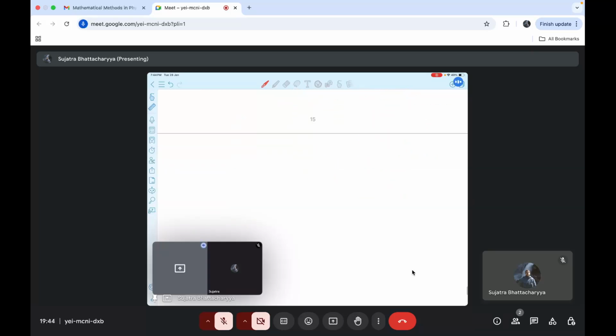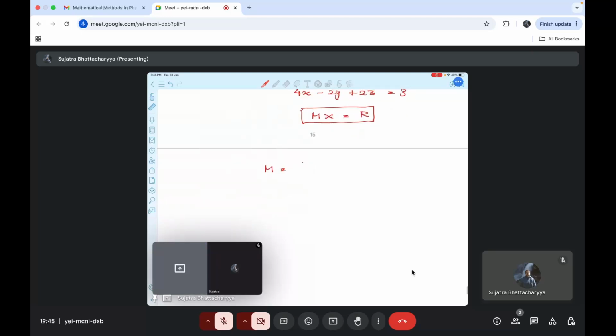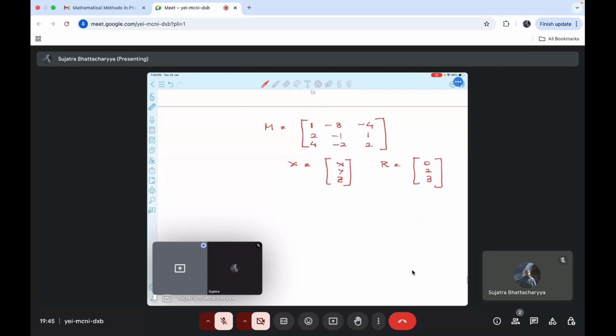So I can write this as M times X is equal to R, where M is the left hand side numbers: 1, minus 3, minus 4; 2, minus 1, 1; 4, minus 2, 2. X is simply x, y, z. Then R is the right hand side of the equation, that is 0, 2 and 3. Alright, so this is how we can write.